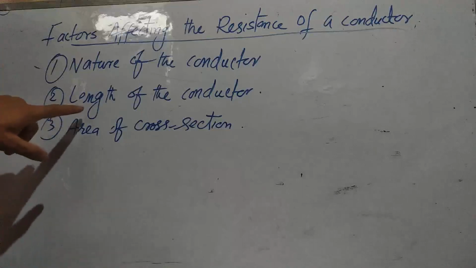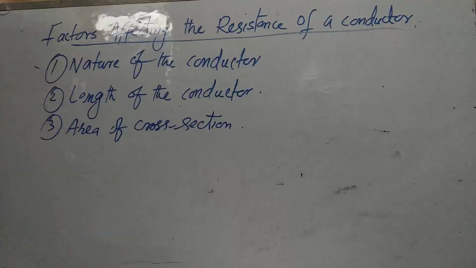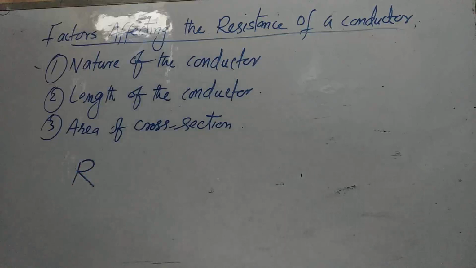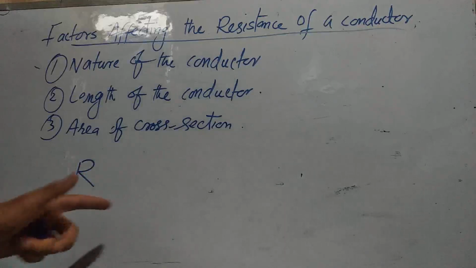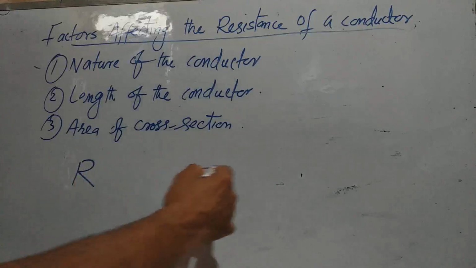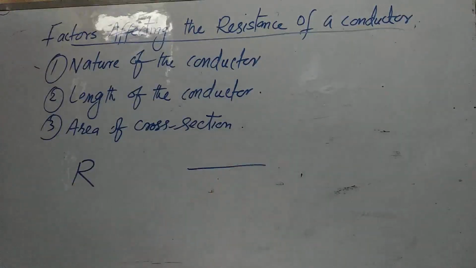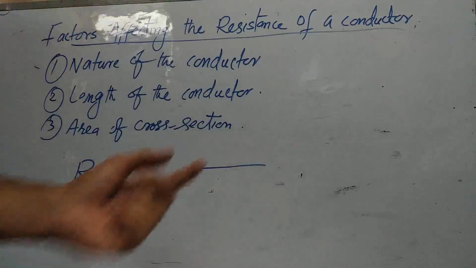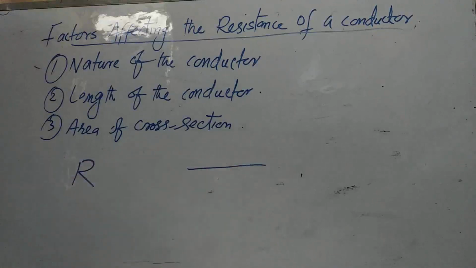Firstly, let me discuss the length of the conductor first. Effect of length of the conductor. We denote the resistance with capital letter R. This resistance is directly proportional to the length of the conductor. For example, consider a copper wire with length 1 meter.